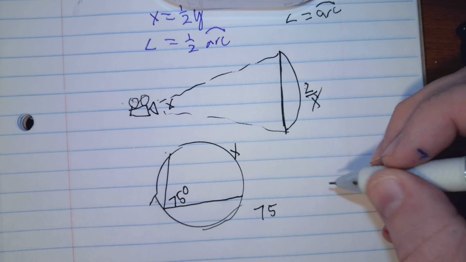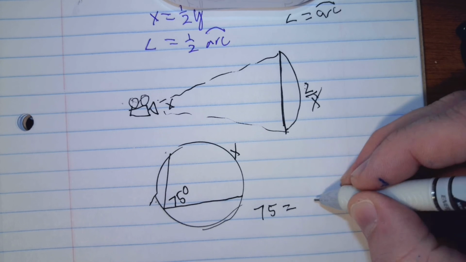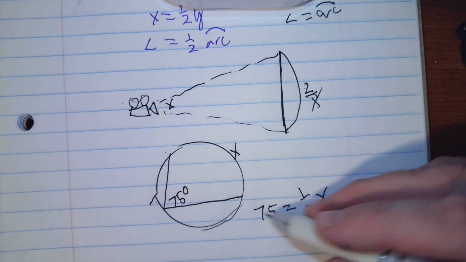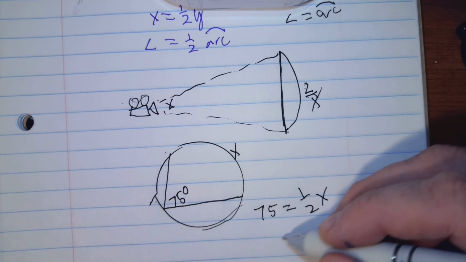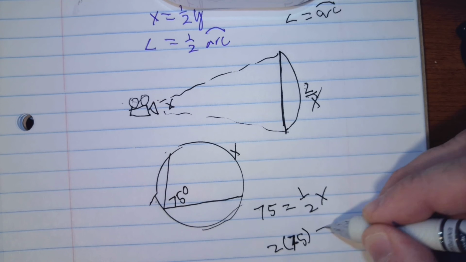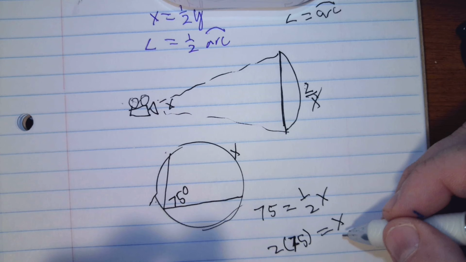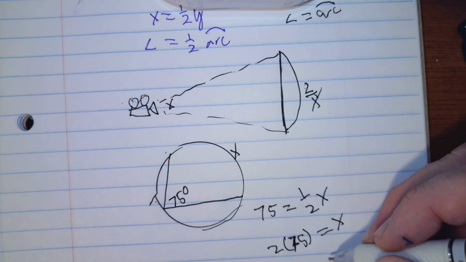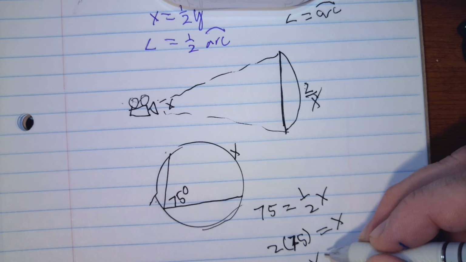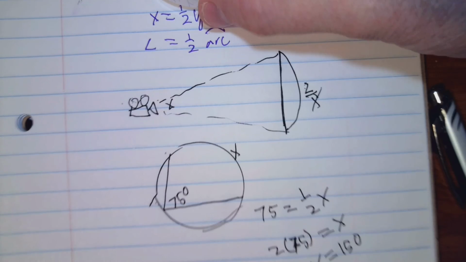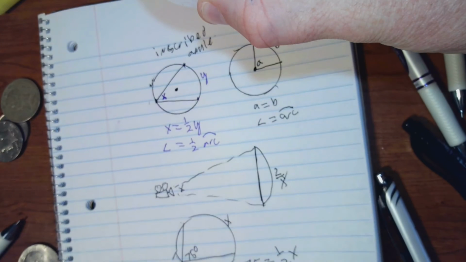So what's the arc going to be? Another way to say 1/2 x, I could rewrite it as 2 times 75 equals x. So the camera's a smaller angle and the screen would be a total of 150. So x would be 150. So that's how that works. I'm just wasting paper here. That's just ridiculous. So let's move on.